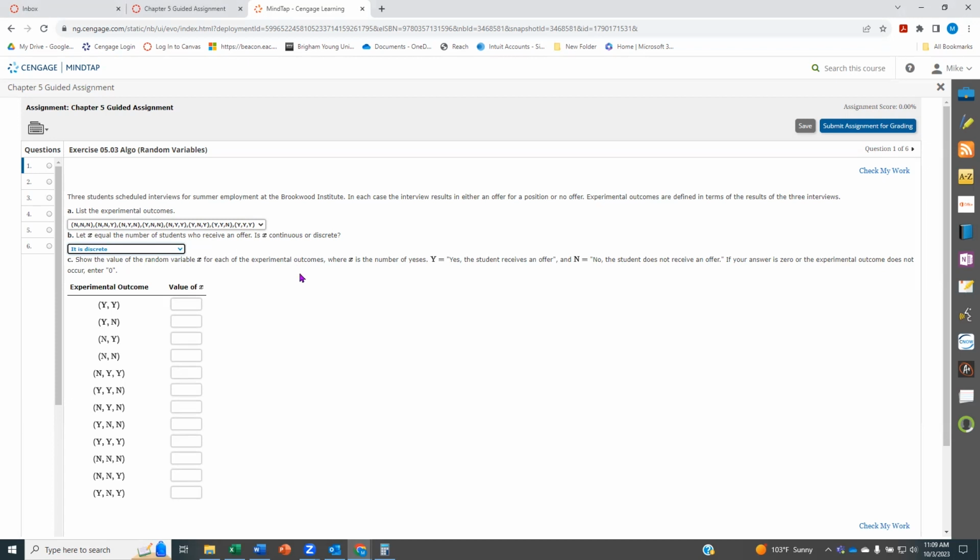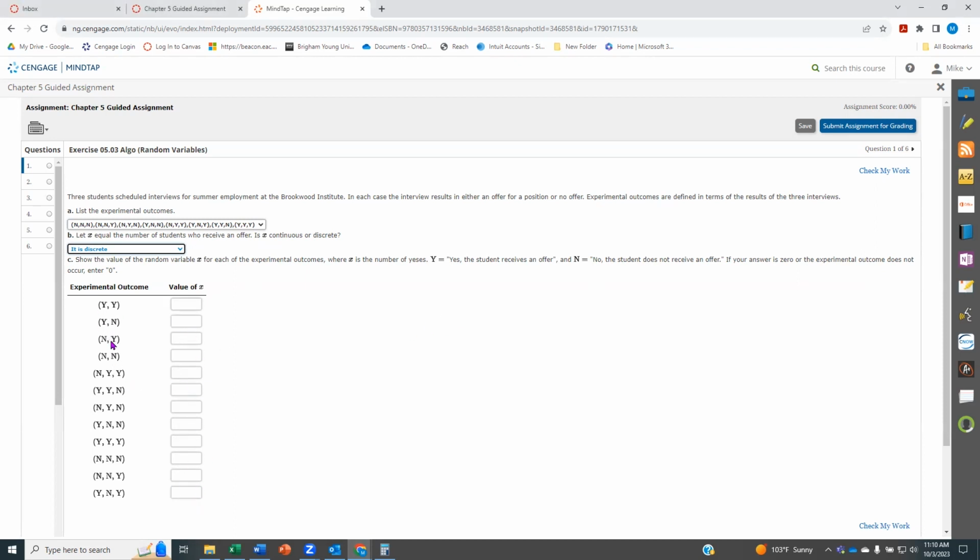All right. So then finally for C, show the value of the random variable X for each of the experimental outcomes, where X is the number of yeses. So Y equals yes, the student receives an offer. N equals no, they don't. If the experimental outcome does not occur, enter 0. So in most of these, I would say we just count the number of yeses.